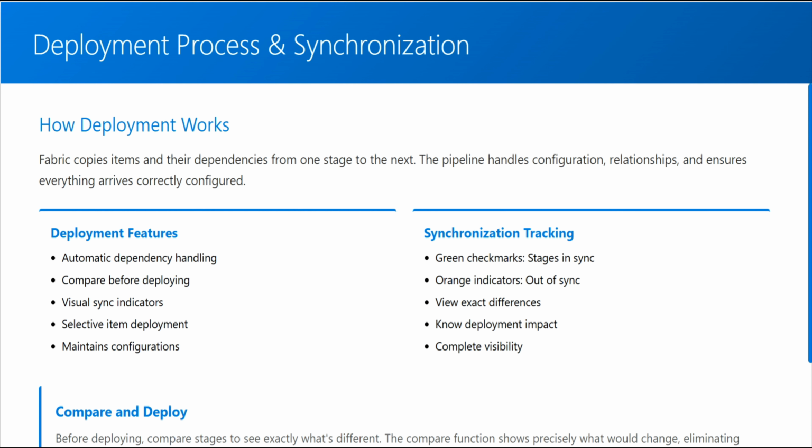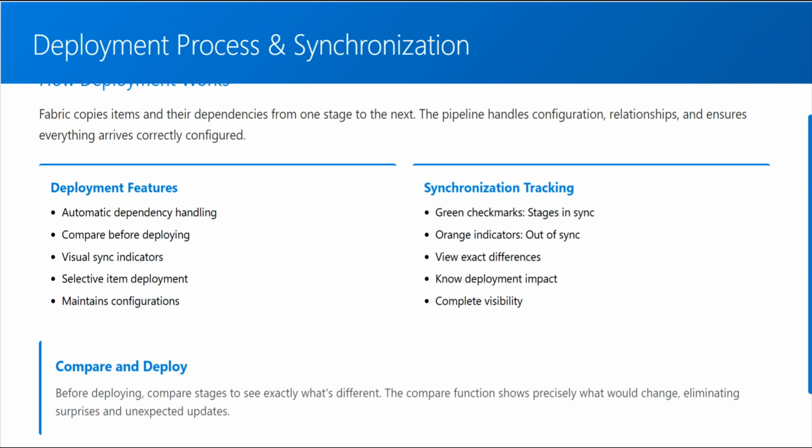Between development and test, there might be an indicator showing they are out of sync, maybe an orange X. In our lab scenario, we'll see that one. This tells you there are differences between the stages. And when you click deploy, Fabric copies the lakehouse and all its dependencies from development to test.